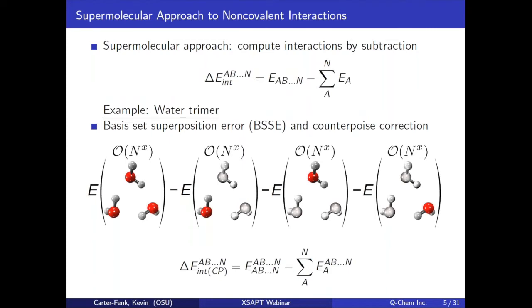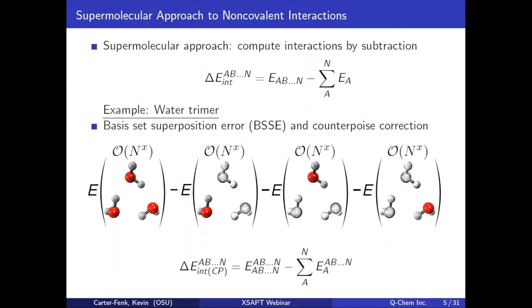So in order to correct for this, it's common to apply what's known as the counterpoise correction. And in order to do this, we compute every energy term with the same atom-centered basis. So every term now, you'll note, scales with the number of basis functions in the entire system in order for us to prevent this overbinding.